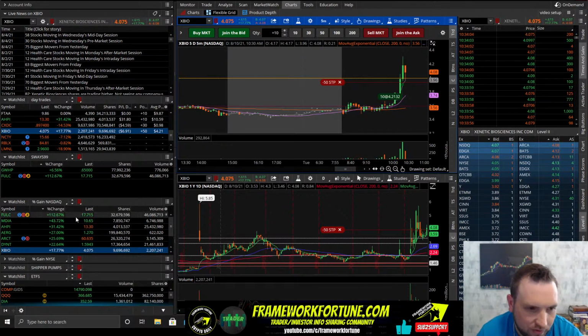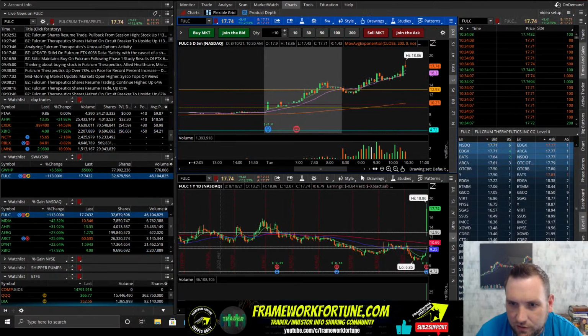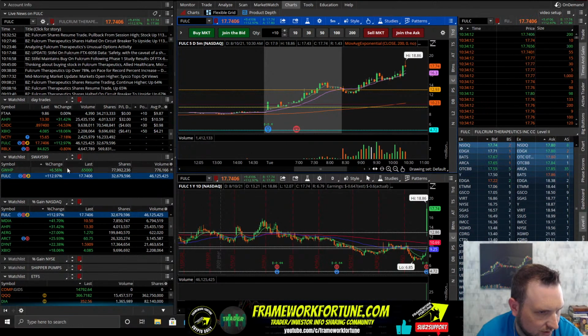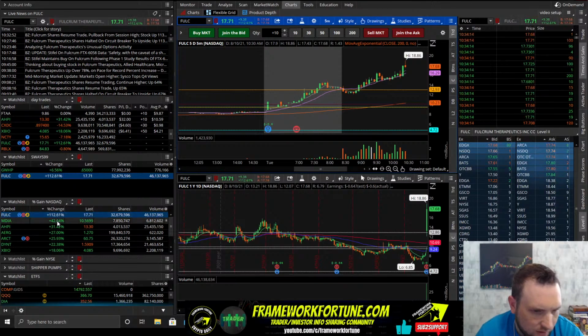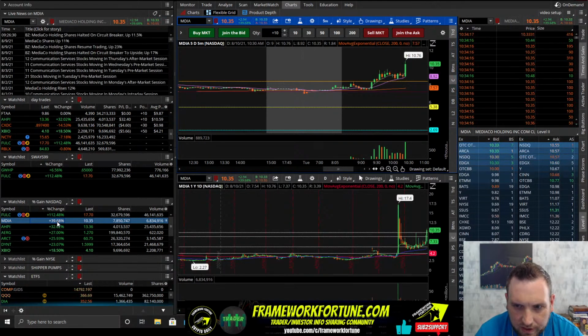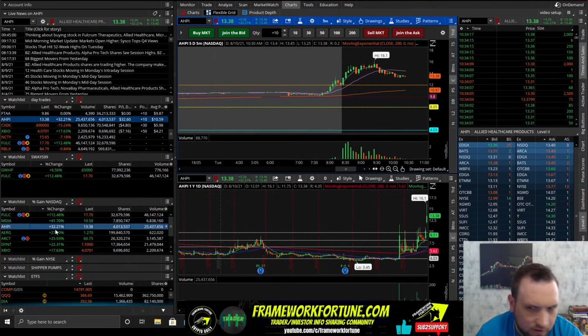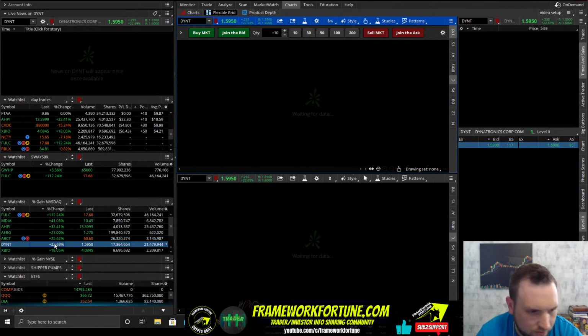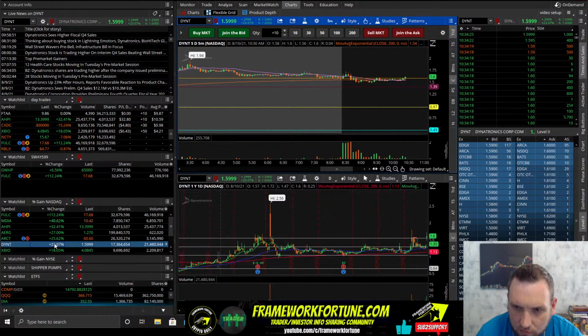Uh-oh. See, FLUC, this one's been running, but I don't want to get into it until I can actually find a spot to enter. MDIA, that just popped. HPI still might be a possible play. Just looking through these real quick. DYNT could be a possible play.